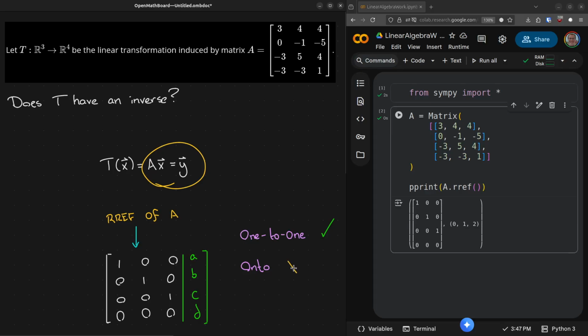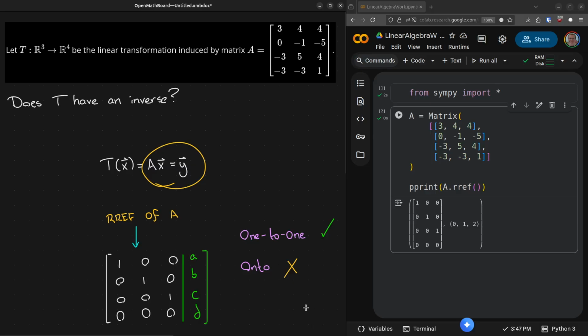So there will be situations where this equation will have no solution, which means it is not an onto transformation. There are values of y that I could put here that will give me some non-zero value here, and so it will not be an onto transformation.